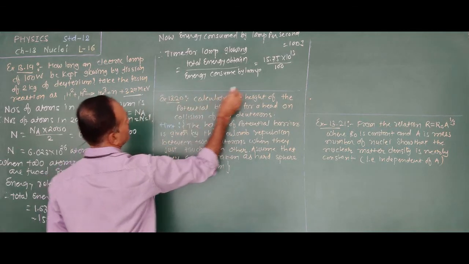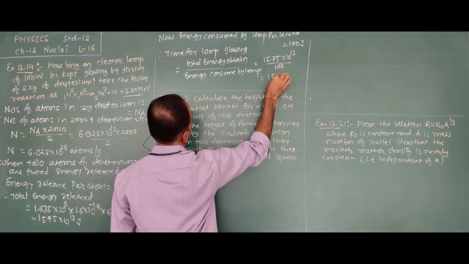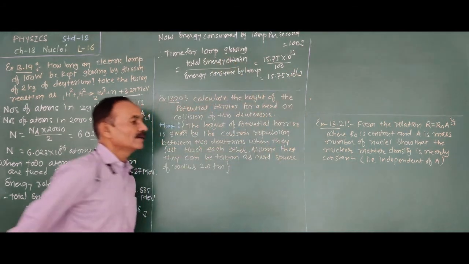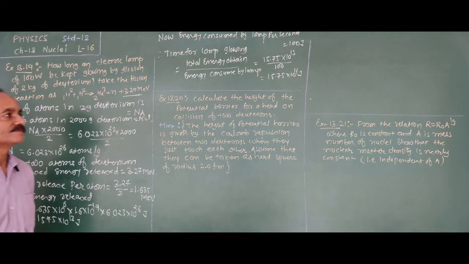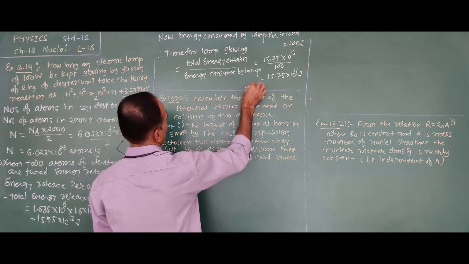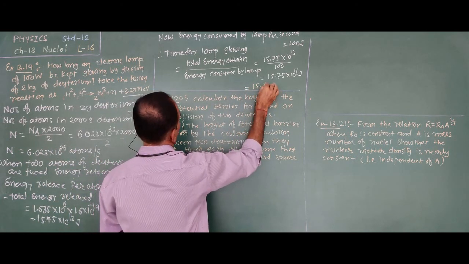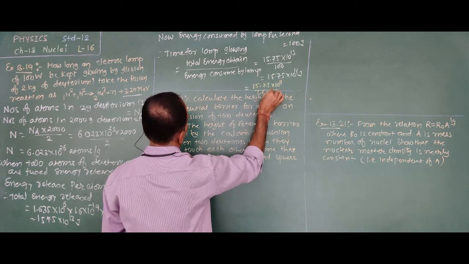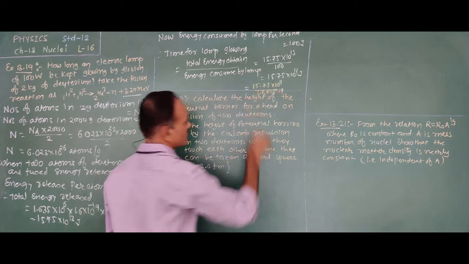So we obtain 15.75 into 10 to the power 11 joule. Convert into electron volt. Therefore, 15.75 into 10 to the power 11 upon 1.6 into 10 to the power minus 19.